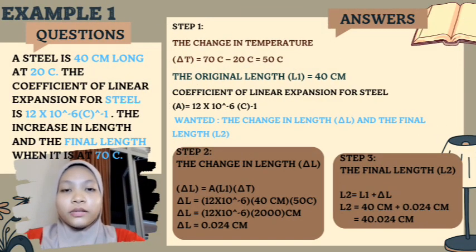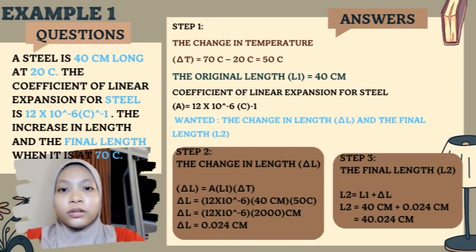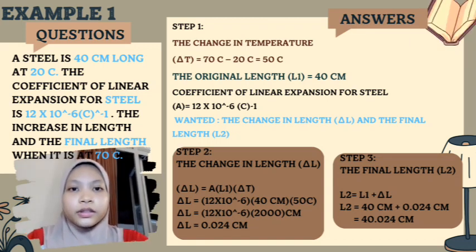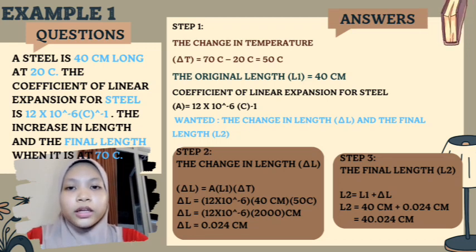Example 1 of linear expansion questions. A steel rod is 40 cm long at 20 Celsius. The coefficient of linear expansion for steel is 12 multiplied by 10 to the power of negative 6. Find the increase in length and the final length when it is at 17 Celsius. First, highlight the important information. Step 1, find the change in temperature.